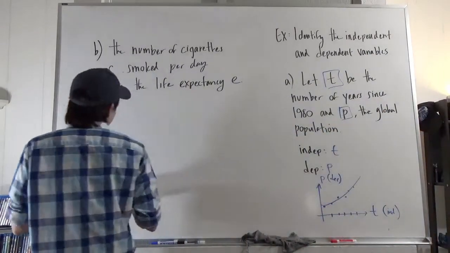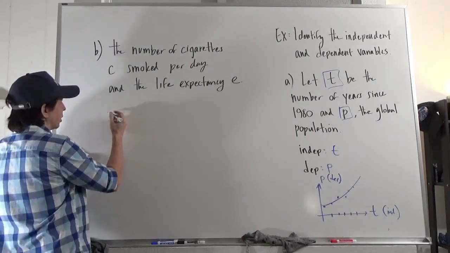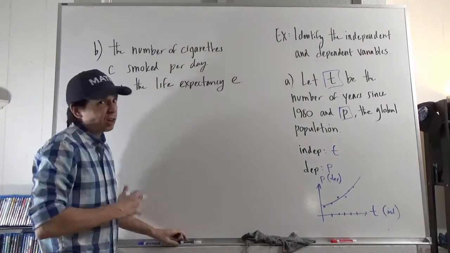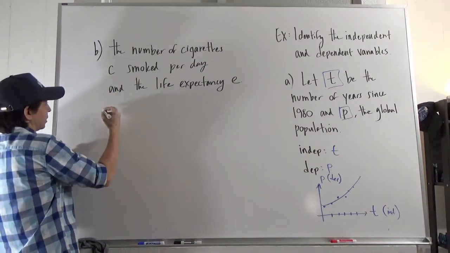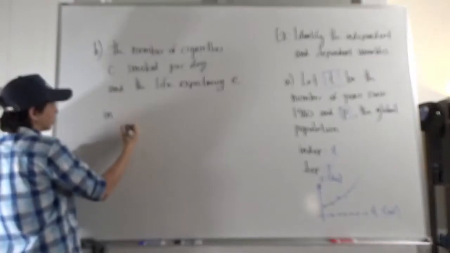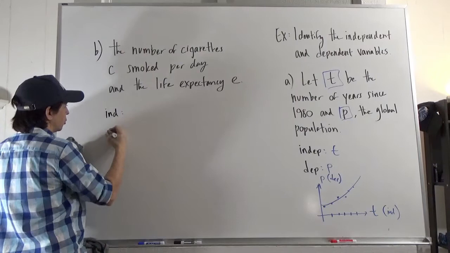What's causing what? If you live long, does that cause you to smoke more? If you live short, does that cause you to smoke less or something like that? Or is the amount that you're smoking causing changes in your life expectancy? What's causing changes in what?